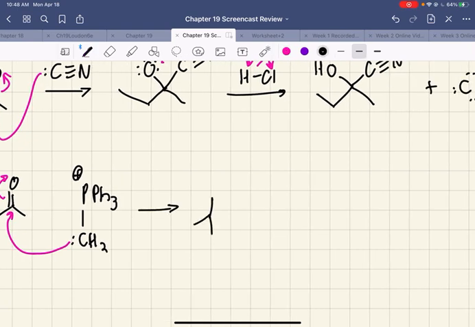Now, the negatively charged oxygen with the CH2 group.